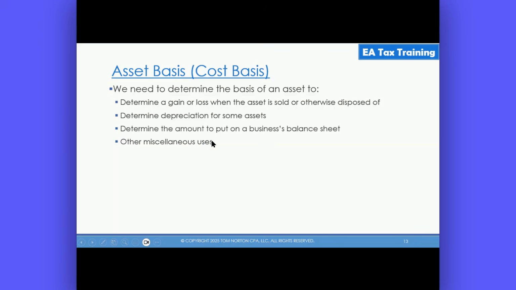We'll find out in part two that businesses list all of their assets on something called the balance sheet, and we use the basis in order to determine the amount that goes on that balance sheet. And then there are other miscellaneous uses. Sometimes the tax law will refer to the basis of an asset, for example, in order to make a determination about a rule. So we need to know the basis for those reasons as well.